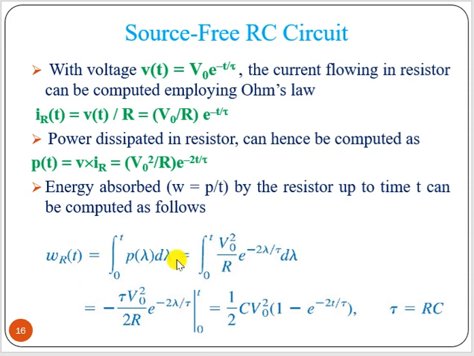So we can find the energy by integrating that power from 0 to t. If we integrate the power, we will get this expression from 0 to t. Here we put tau equal to RC, and R will cancel out. So we have half C V square, then this term.